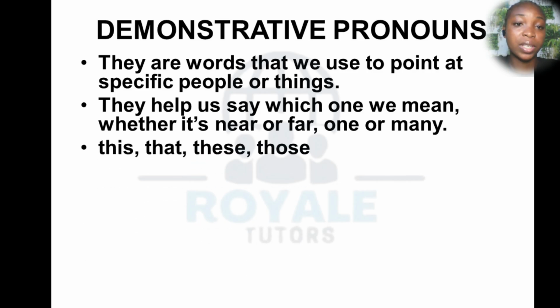So we just have 4 demonstrative pronouns: this, that, these, and those. This is singular, that singular, these plural, those plural. All right, so let's look at examples that we have.